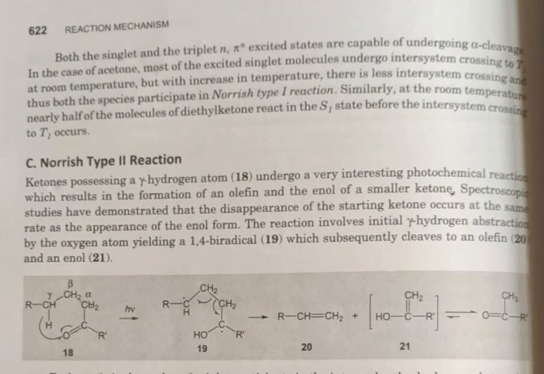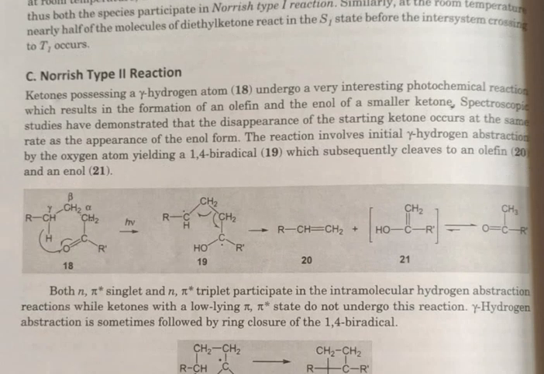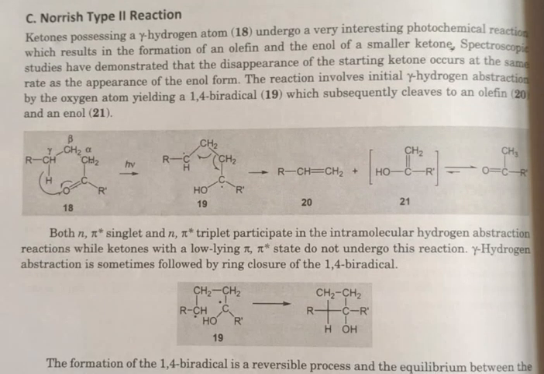Now I have discussed the Norrish type 1 reaction, then the Norrish type 2 reaction. What is the difference? Look at the reaction here. This also has a keto group, but the position of the gamma hydrogen is important, because the Norrish type 2 reaction focuses on the gamma hydrogen atom.